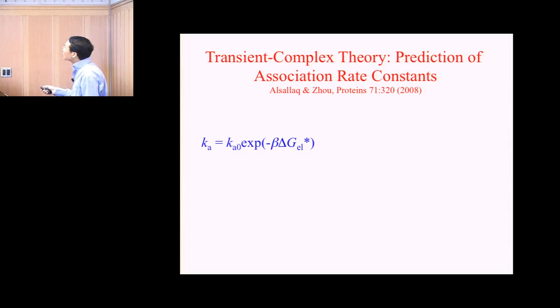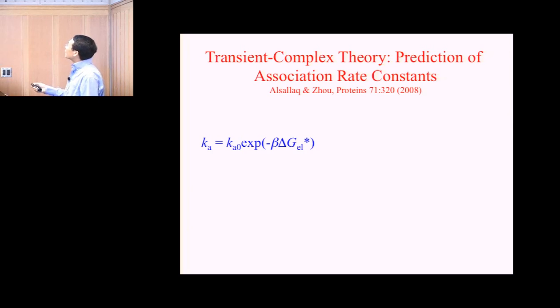We call this the basal rate constant. This is the rate constant by which two subunits would find each other to reach the transient complex by pure random diffusion, that is, without the help of any external or intermolecular interaction. And then this process can be enhanced by the presence of long-range electrostatic attraction.